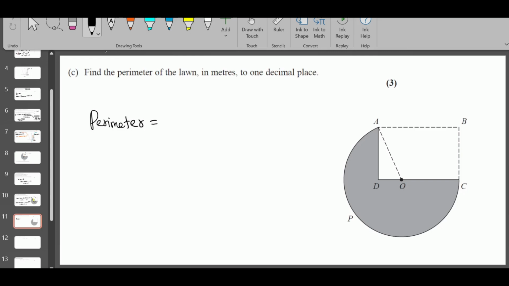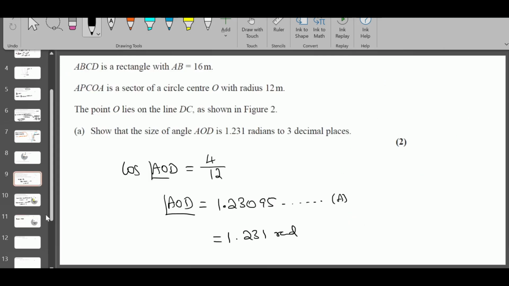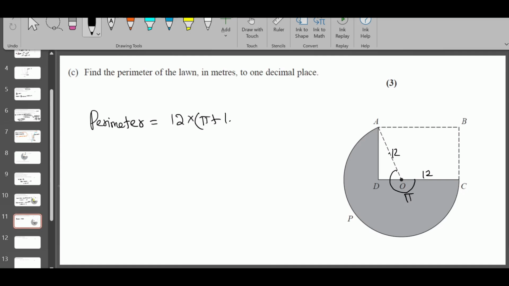The radius is 12, and this theta is pi, and this one we calculated in part A. So r times theta, 12 times pi plus that particular value, don't use the rounded figure, 1.230 dot dot.